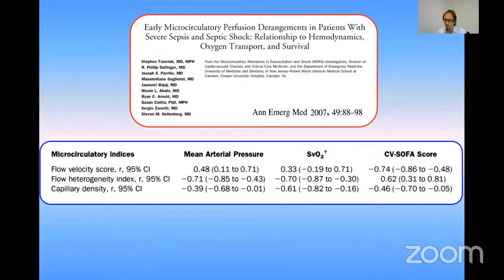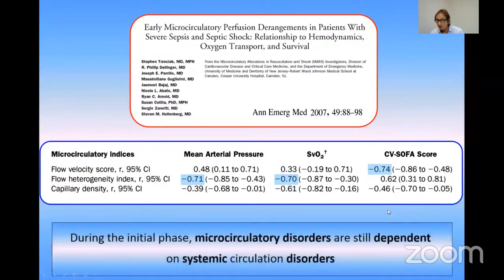This is a study performed in the 6 hours after admission of the patient at the emergency department. As you can observe, the microcirculatory indices are well correlated with MAP, with SvO2, and with the cardiovascular SOFA score, indicating that during the initial phase, microcirculatory disorders are still dependent on systemic circulation disorders.